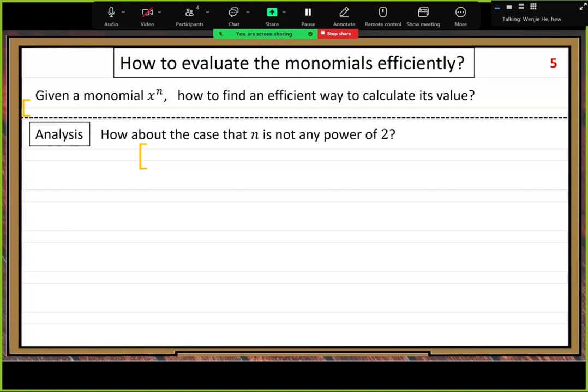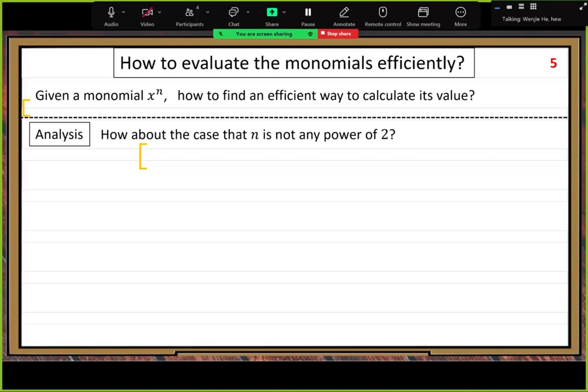If n is not a power of 2. In the previous slide we did the special case, power of 2, where we just do repeated squaring. But in general, n is not a power of 2.